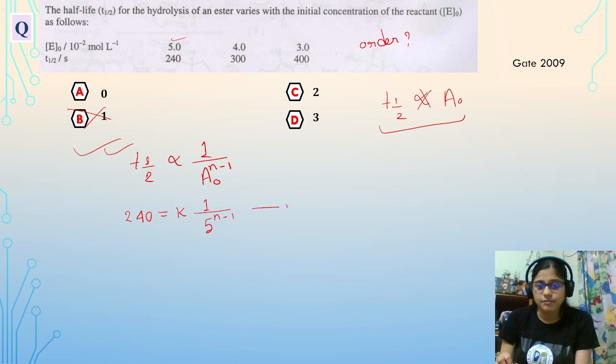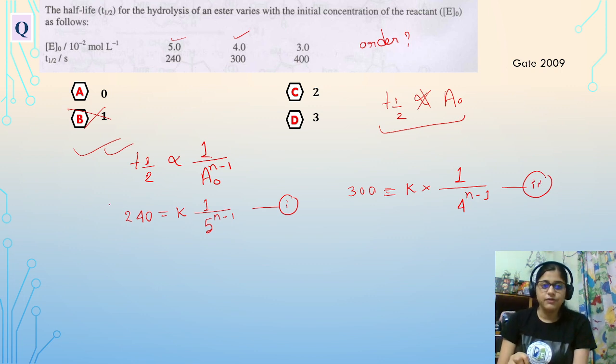This is equation number 1. And again, from the second value here, 300 will be K into, again, 1 by 4 to the power n minus 1, right? This is 2.